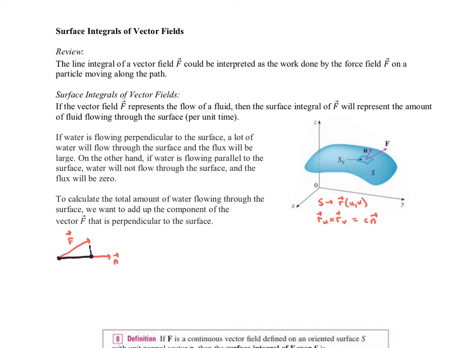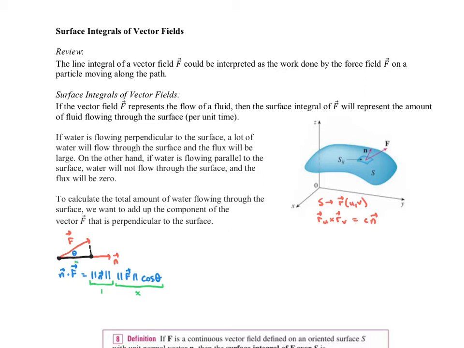So we can take our dot product formula. With this angle, n dotted with F equals the magnitude of n times the magnitude of F times the cosine of the angle between them. Remember that the magnitude of n, since it's a normal vector, is simply 1. This little bit right here represents this distance in black, so let's call that x.